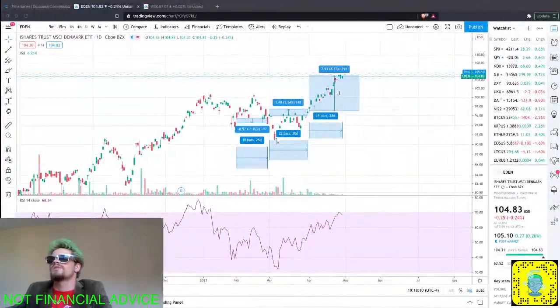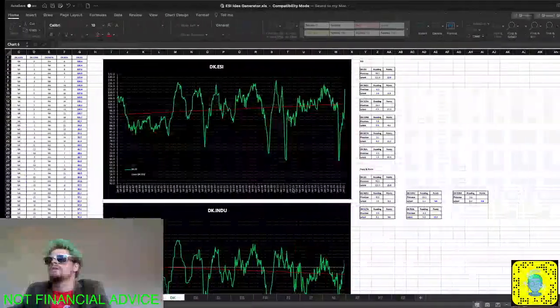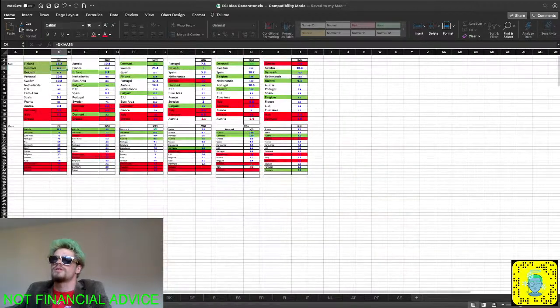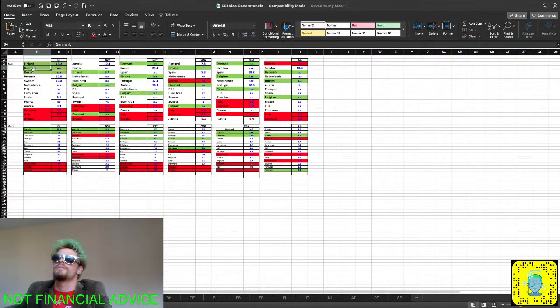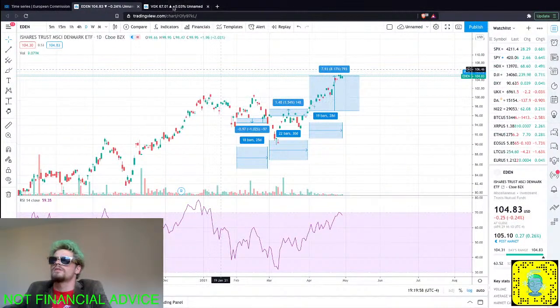But as a result of seeing there's more growth in Denmark's economic sentiment in comparison to the European Union for the month of April, although you might be taking on more risk by buying the Denmark ETF versus the European Union ETF, the risk is, in my opinion, well warranted.